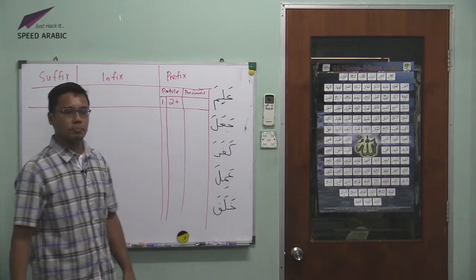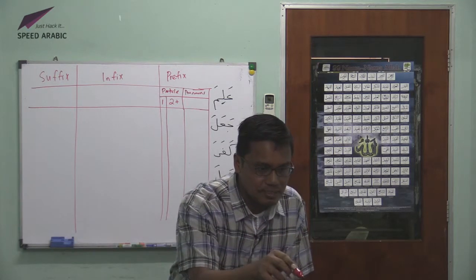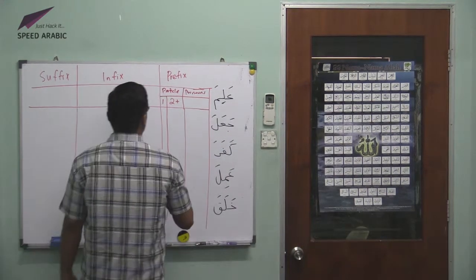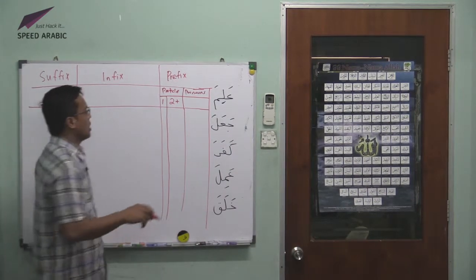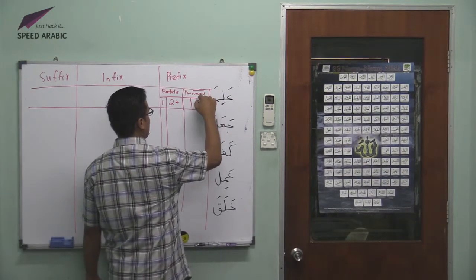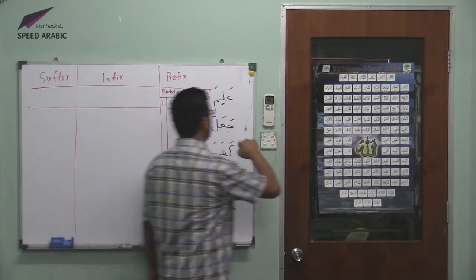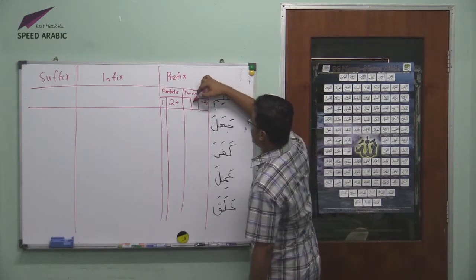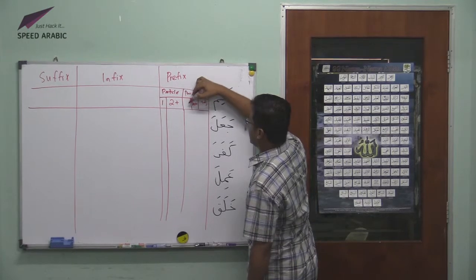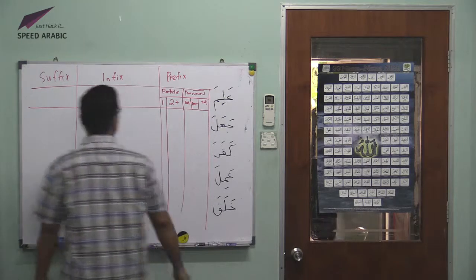They are called the 2+ particles. Okay, 2+. And then you have three kinds of pronouns. What are they? You have the subject pronoun here, and then you have the demonstrative, and then you have the relative pronoun.